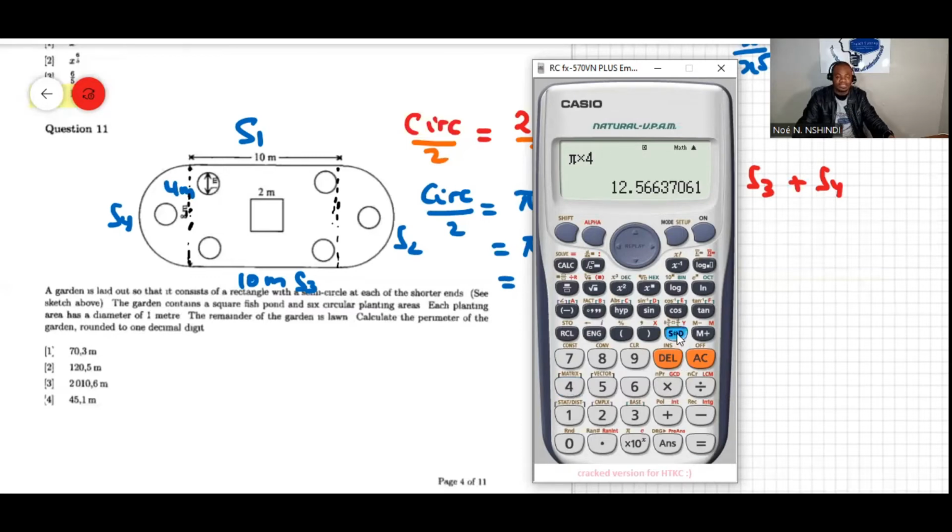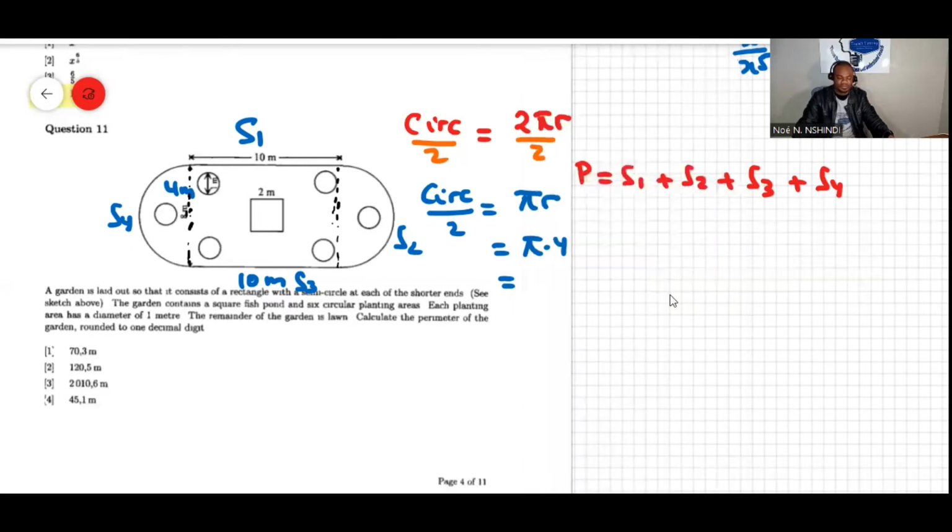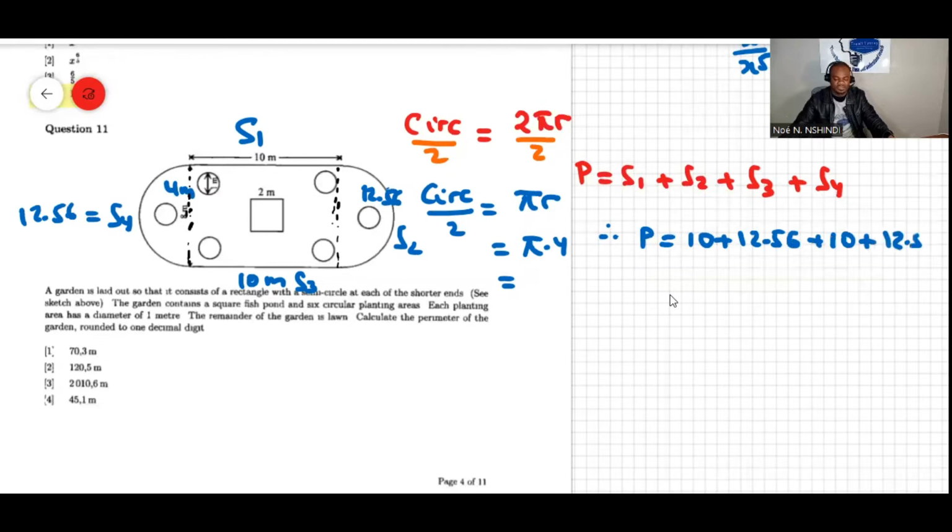Then we press S to D to get the actual value, 12.56. So this is 12.56, and that also 12.56. Therefore, the perimeter will be 10 plus 12.56 plus 10 plus 12.56.